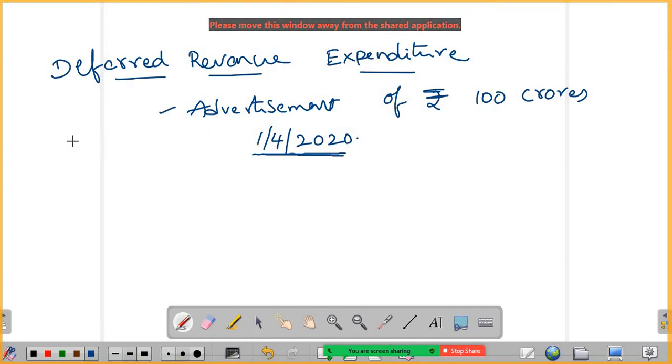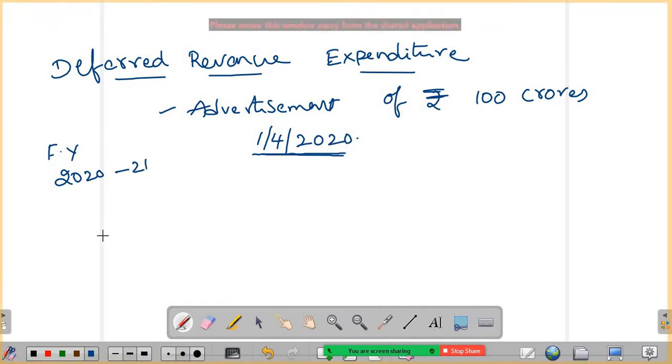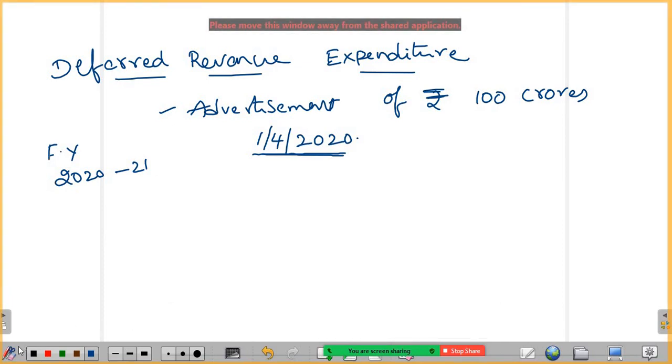Actually the financial year for this date is the 2020 to 2021 period. Now a business won't show this 100 crores as revenue expenditure in a single year.